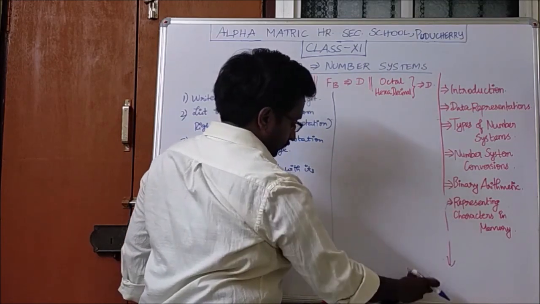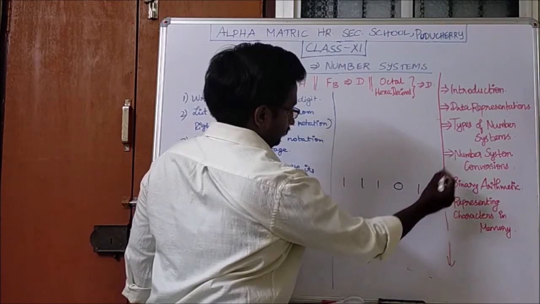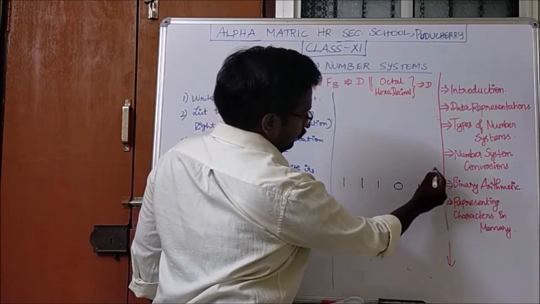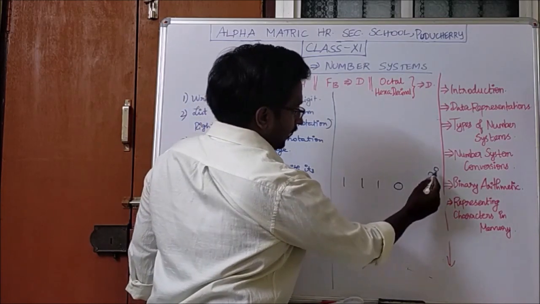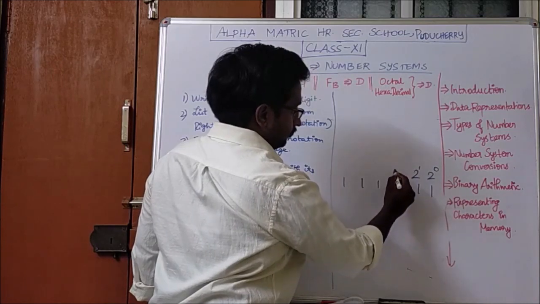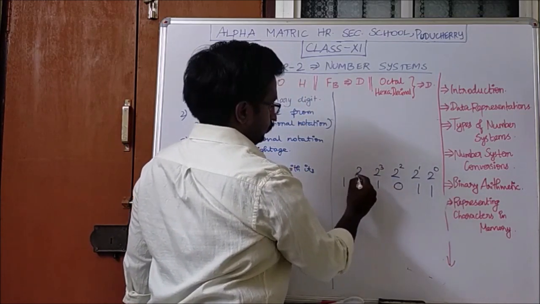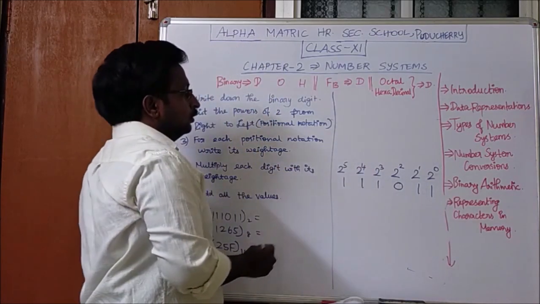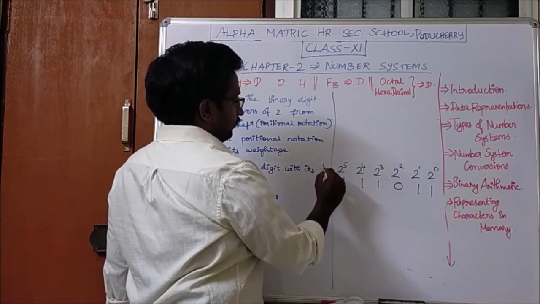So I write by giving enough space. We have to start from 0. This is the 0th position, and like that we have to start from 2 power 0. So this part we call a positional notation.